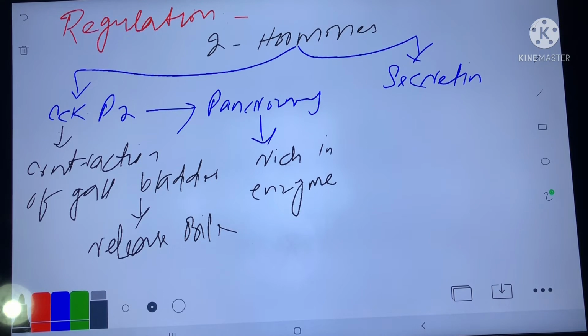Now secretin, we come to secretin. It is also a pancreatic secretion, but this is poor in digestion.